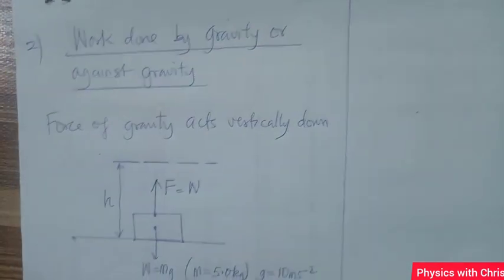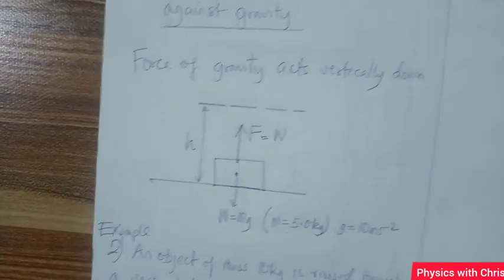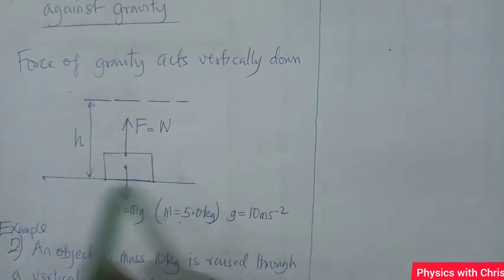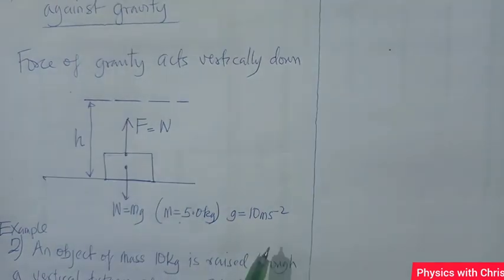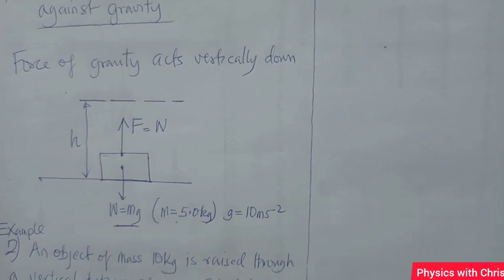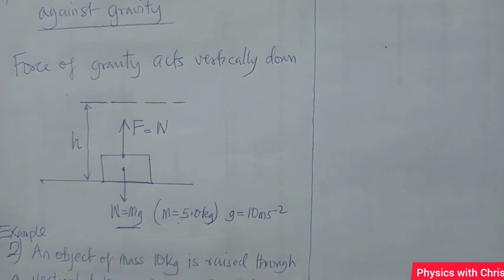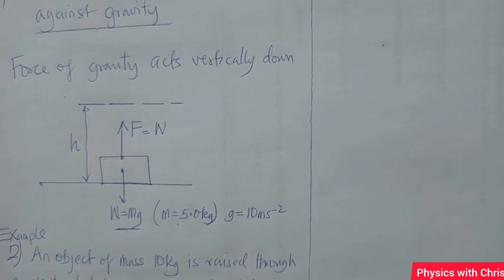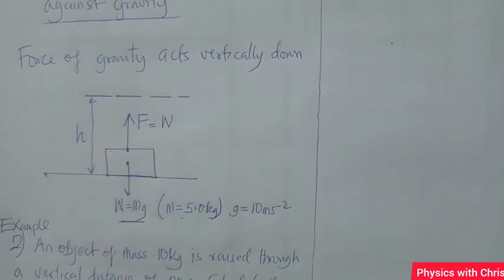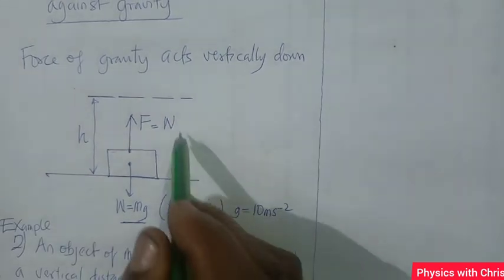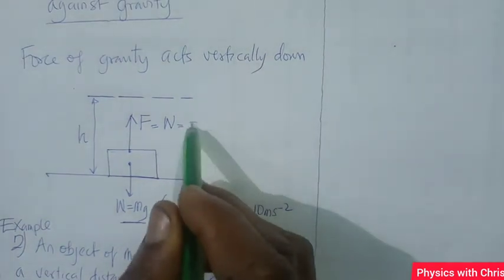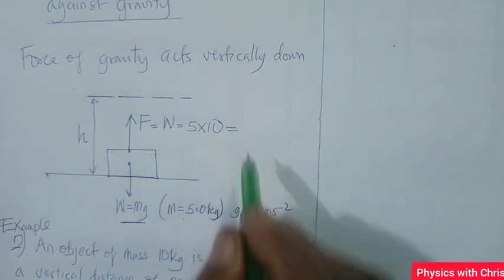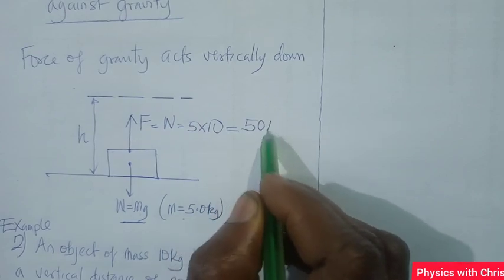Look at my picture here: the minimum force needed, for instance, to raise this block of mass must be equal to the weight of this body. Of course, you know the weight of a body is the product of the mass of the body and acceleration due to gravity. Here I'm taking g as 10 meters per second squared. That's the approximate value of it on the Earth's surface. So the force must be equal to 5 times 10, if the mass of the body is 5 and g is 10. That gives me 50 Newton. That's the force.